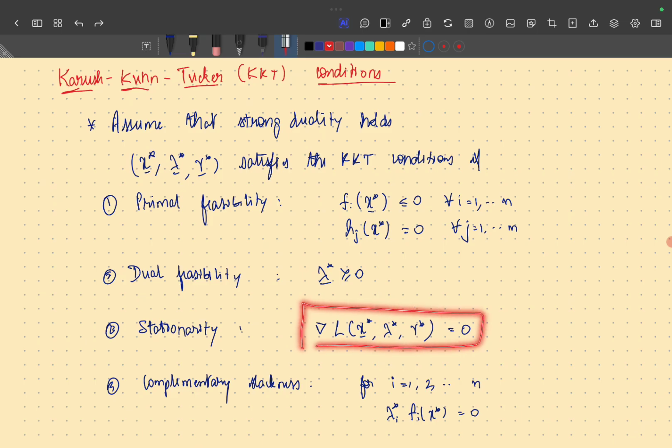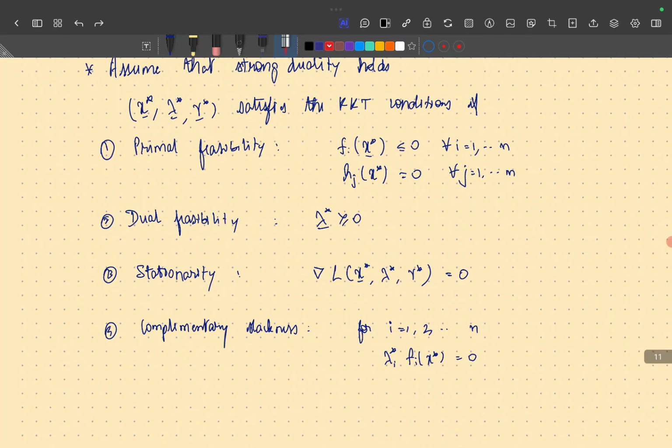It should be stationary, so the gradient of the Lagrangian with respect to x should be equal to 0 at x star, lambda star, nu star. But in addition, we also have this complementary slackness condition, that is for each inequality constraint, we want lambda i star times f i of x star to be equal to 0. Okay, so these put together are the KKT conditions.